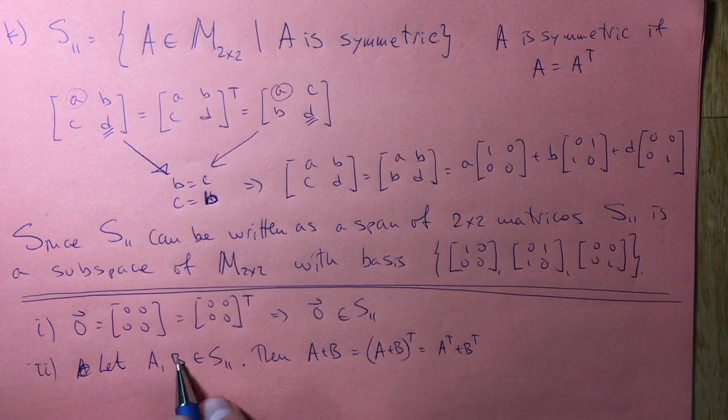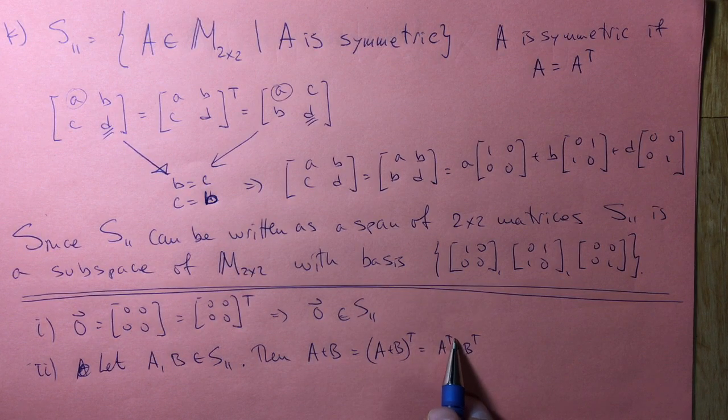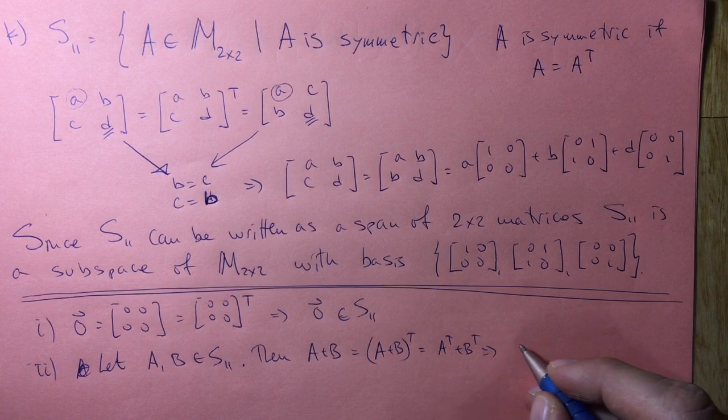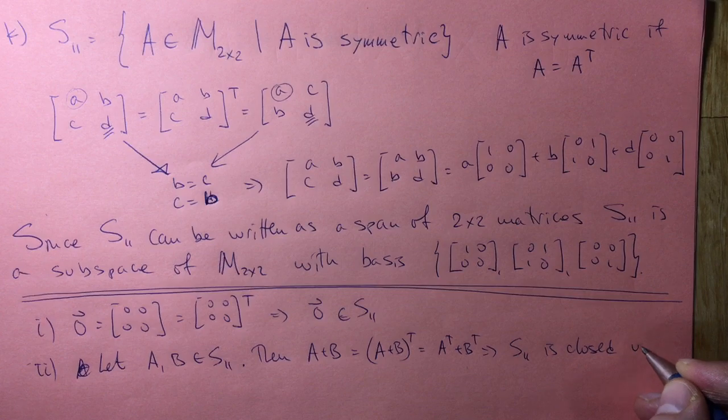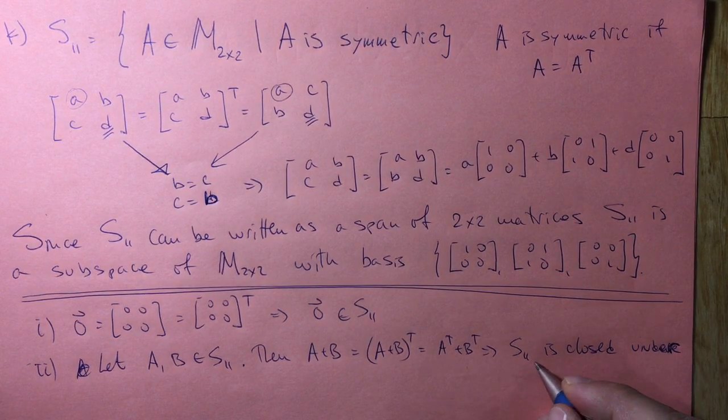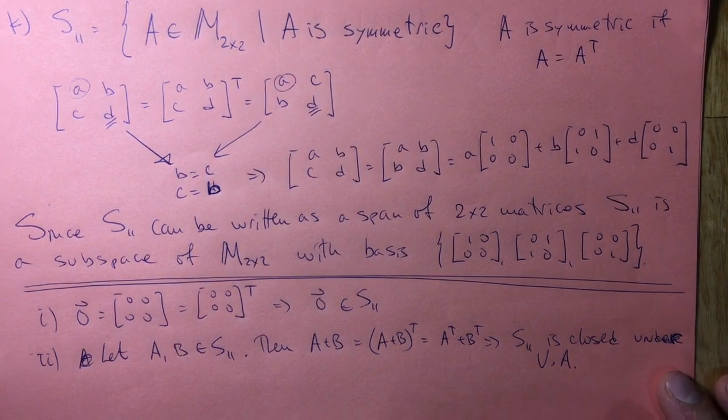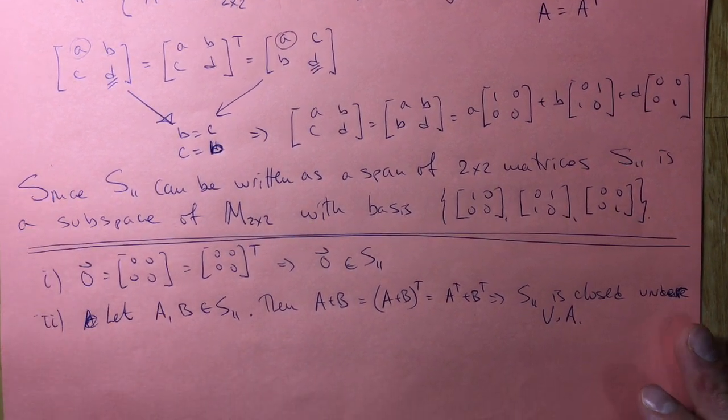Since A is in S11, A is symmetric, and since B is in S11, B is symmetric, so A is equal to A transpose, and B is equal to B transpose, so A plus B must be equal to (A plus B) transpose, which means that S11 is closed under vector addition.